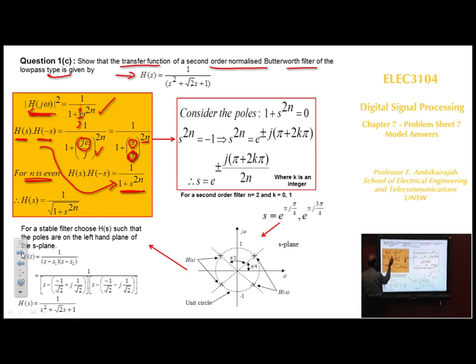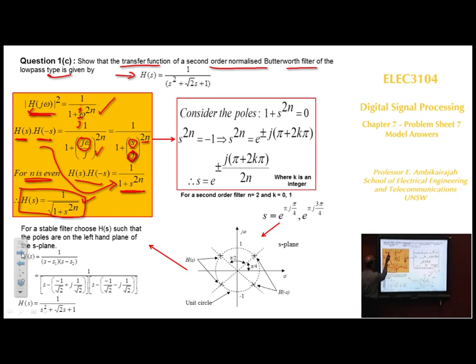So this is H(s) squared. So H(s) will be, you take the square root of this one, and that's your transfer function. It's explained in the notes how we get this one. You basically take the left hand side of the poles, and this is what you get.